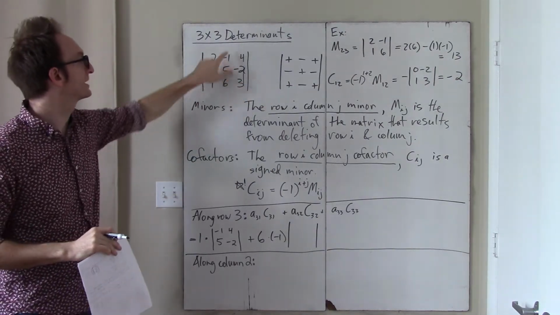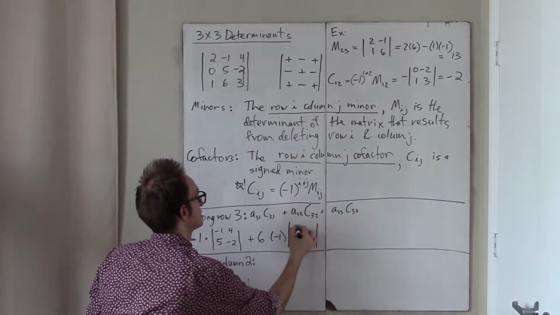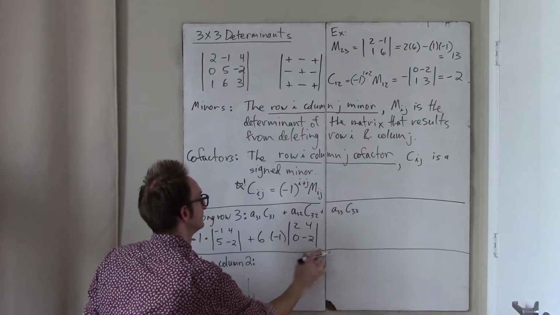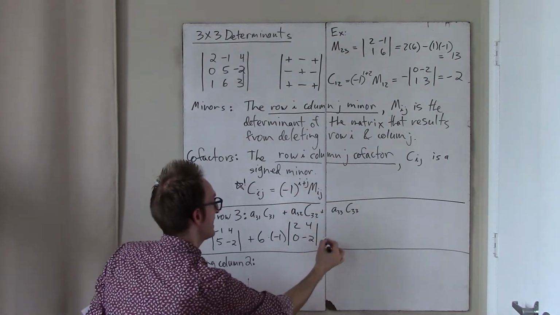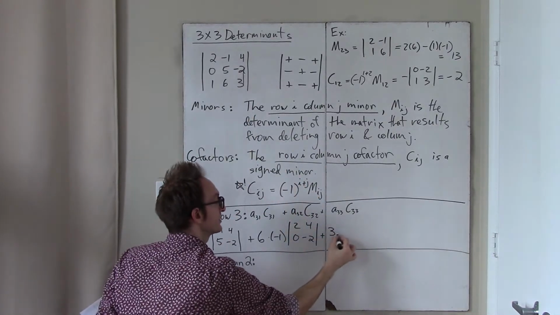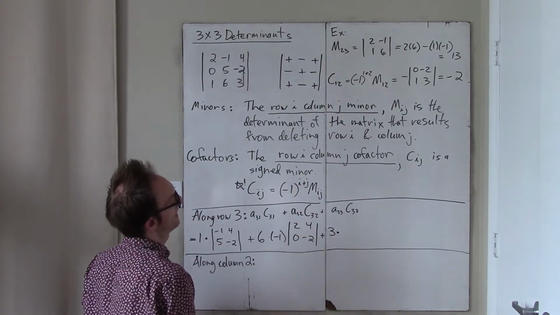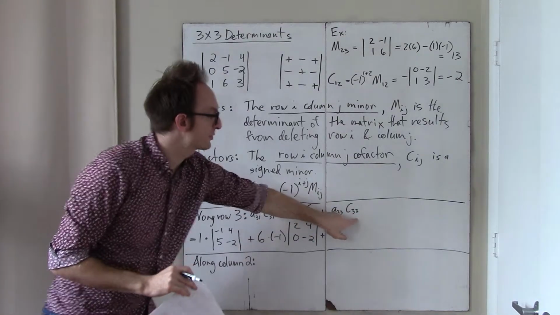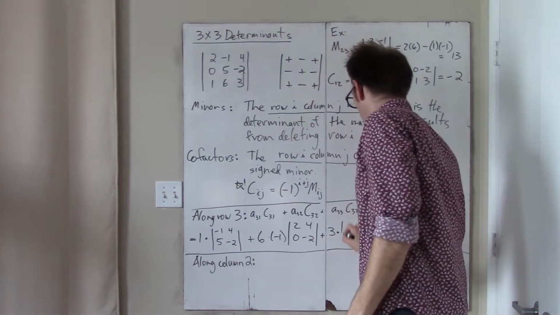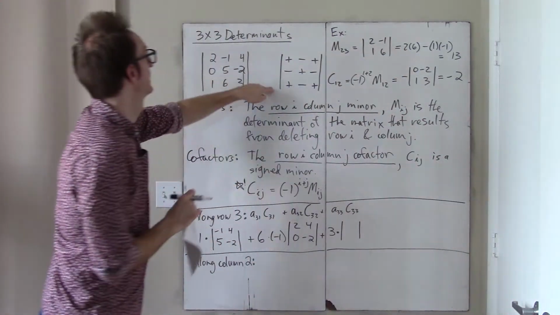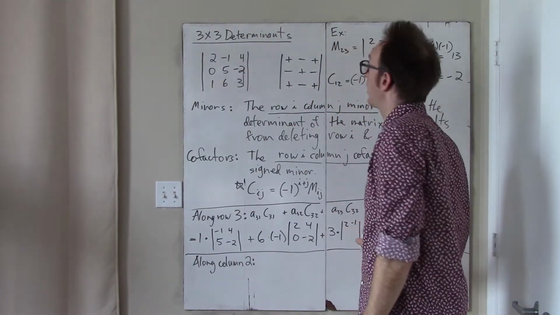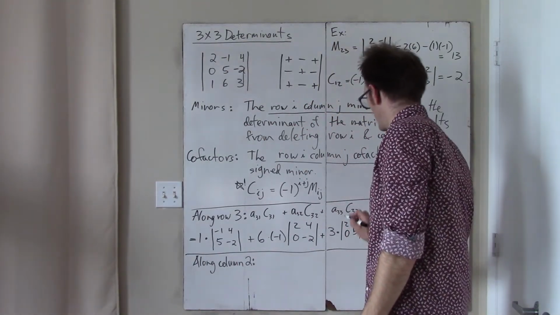When you delete row 3 and column 2, you get this 2, 4, 0, -2 thing. Okay, and now plus A33 is the number in the 3,3 spot, times the 3,3 cofactor. 3 plus 3 is 6. That's even, so I don't put a negative in front of it. And I delete row 3, column 3, leaving me with this 2, -1, 0, 5 thing.